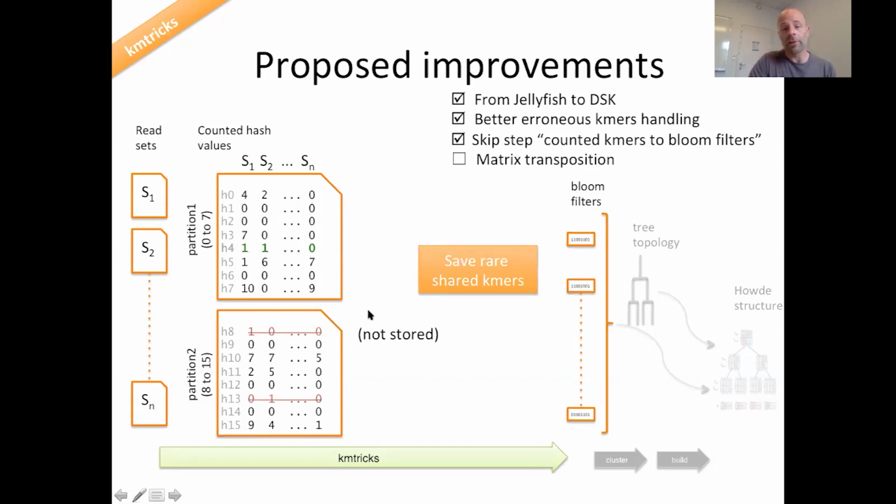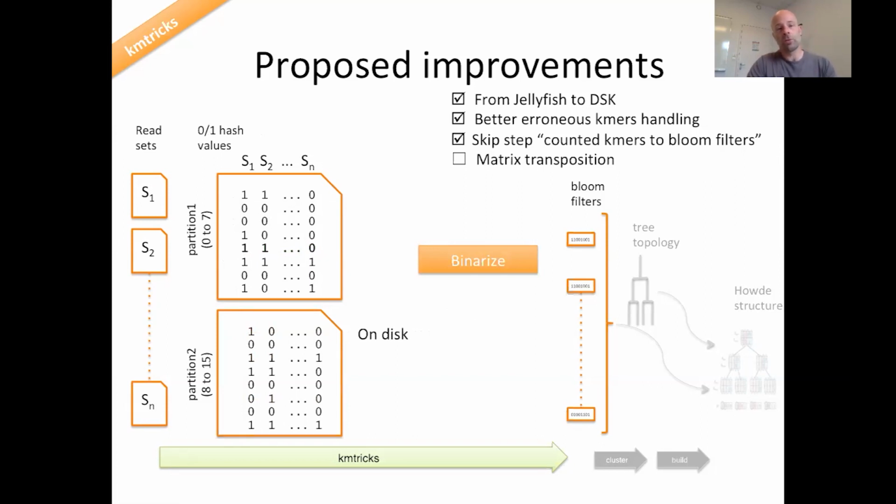Here I've written that it's not stored, so all those steps are done in memory. We go from counted to binary values. So here we have some sub Bloom filters.